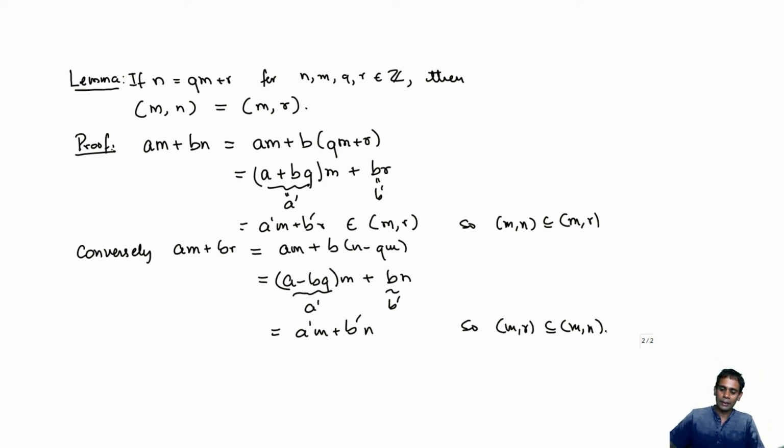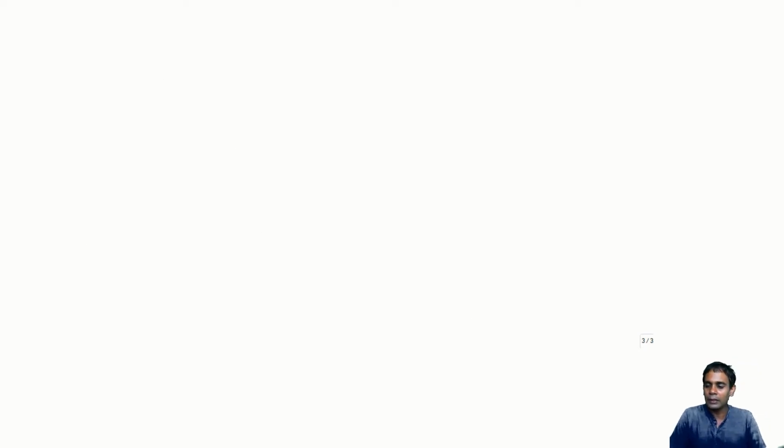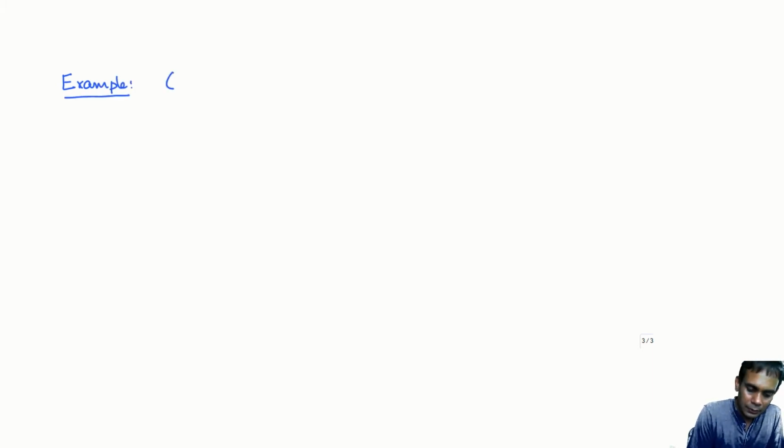Now let's do an example of how to reduce an ideal generated by two elements to an ideal generated by one element using Euclid's division. Let's start with the numbers 168 and 49.